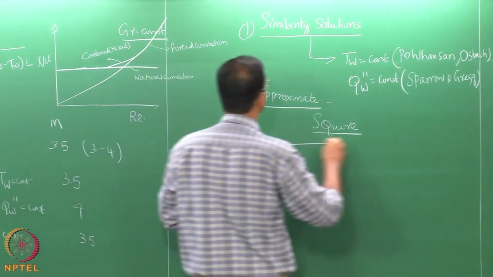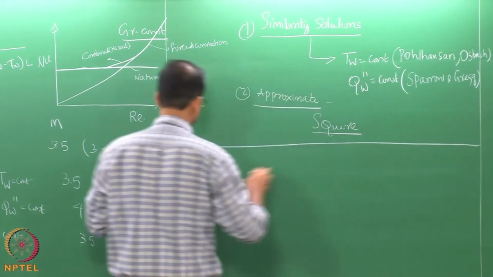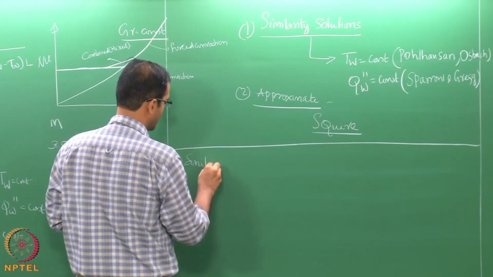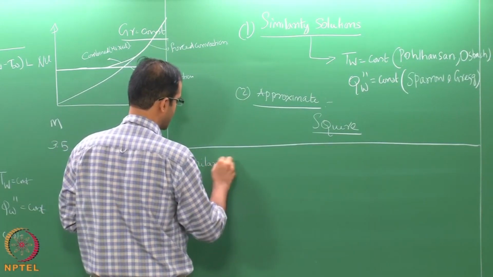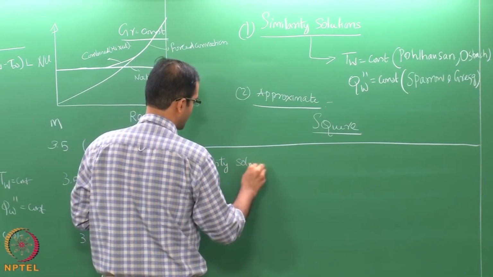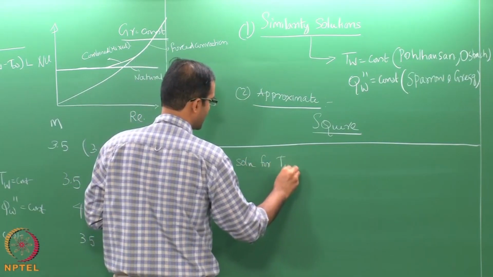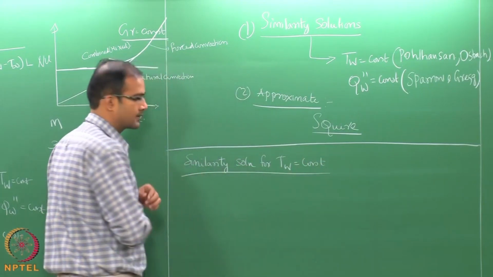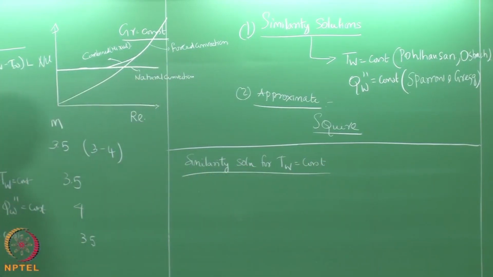So the similarity solution was originally developed by Polhausen, the similarity equation as such. We will look at the solution first before we go to the other extensions. Okay.